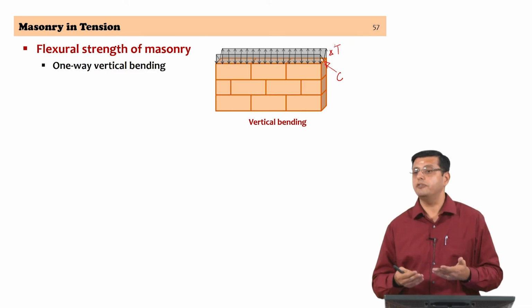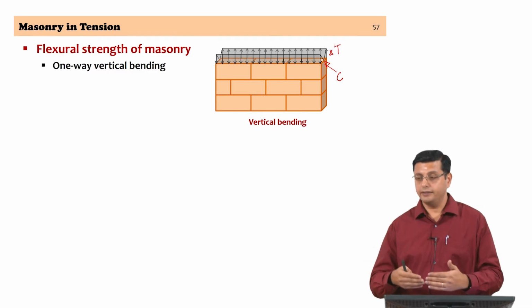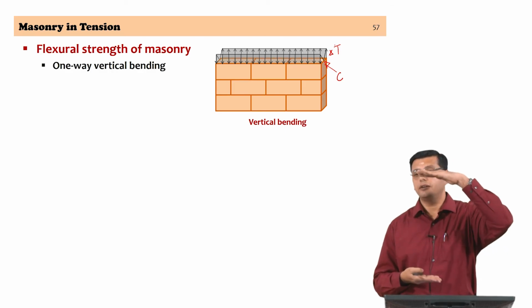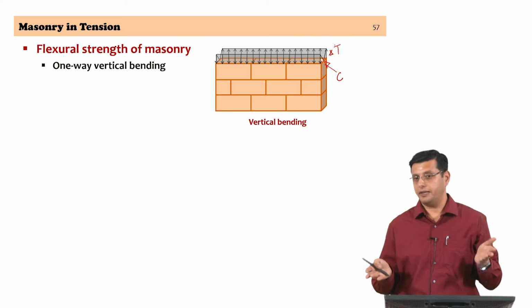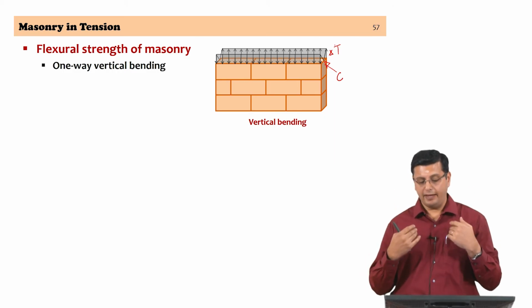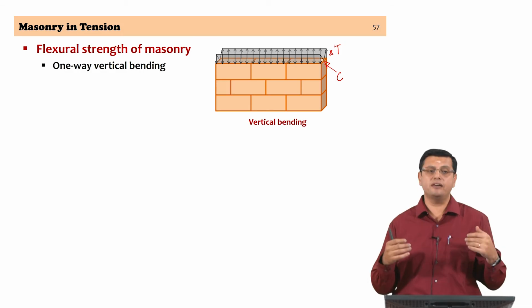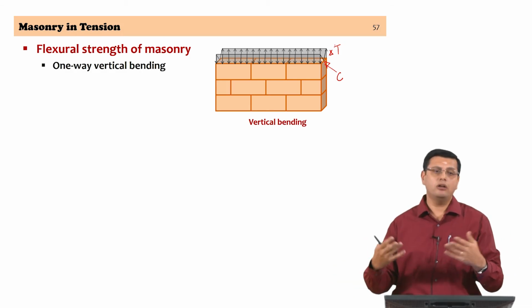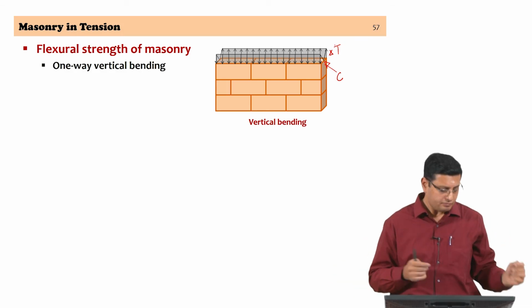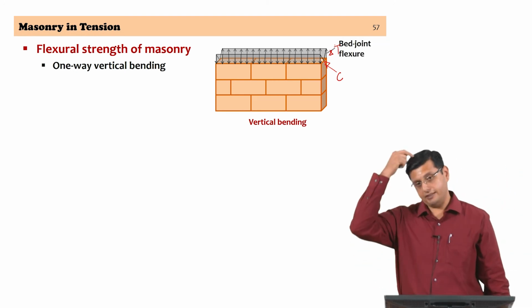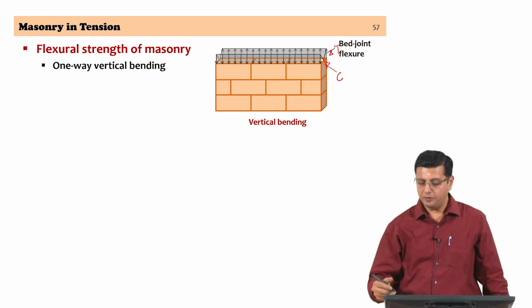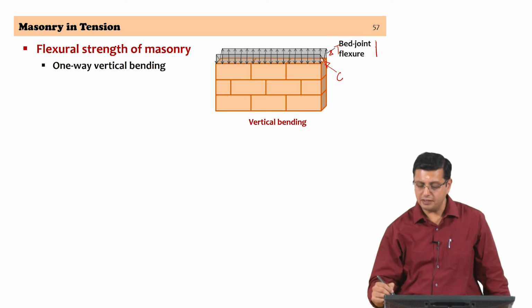This is the effect of vertical bending of the wall, and this is happening because you have a top support and a bottom support, and in your wall the sides are free, right. The sides are free from any restraining effect coming in from a neighboring wall or any other edge restraint. So, in this particular case, when you have one way vertical bending, the parameter of importance is the bed joint flexure.